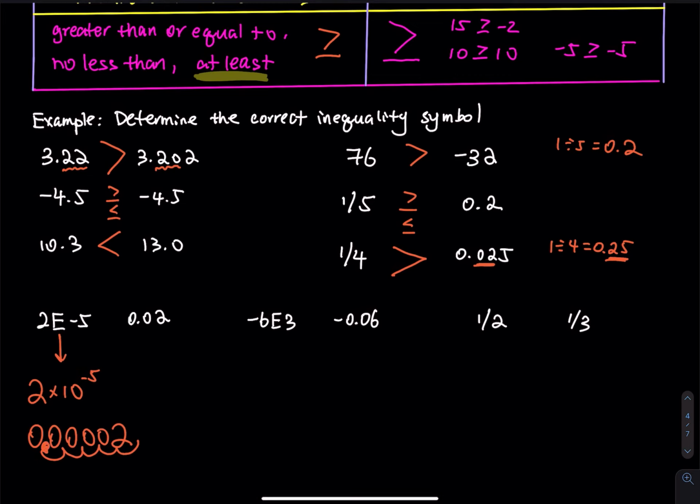This versus 0.02, and the answer is very clear. 0.02 is much bigger. This one is negative 6 times 10 to the negative 3. So that is negative 0.006. I forgot the negative. You move the decimal point 1, 2, 3 steps to the left. And then in comparison, this side is bigger.